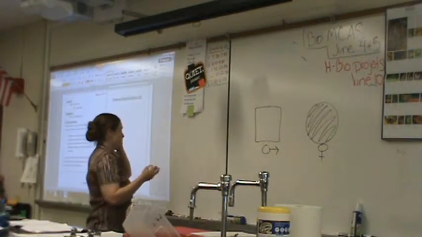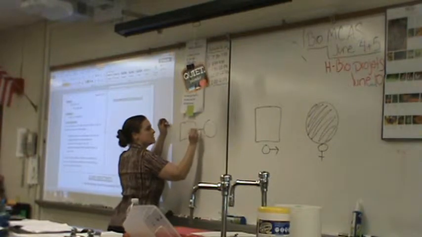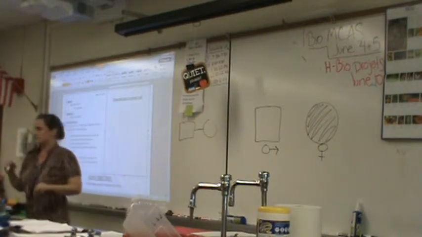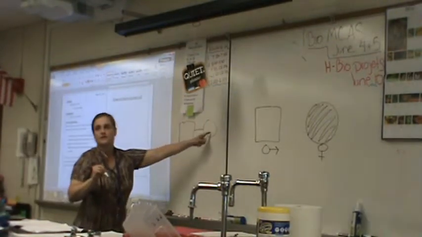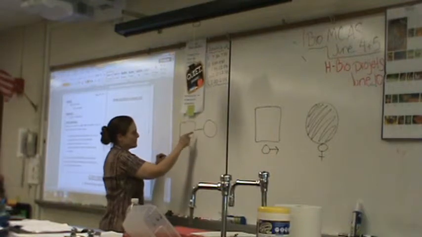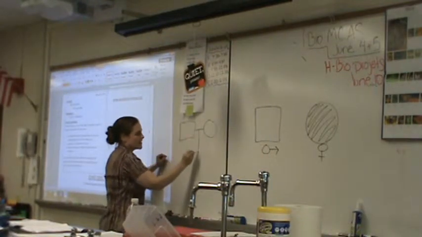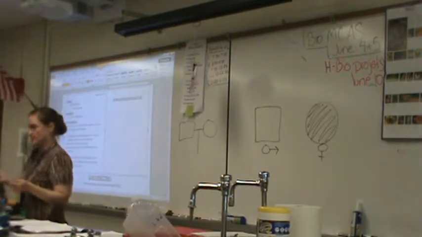Other things you want to know about a pedigree: when you see a horizontal line, that indicates mating. Mom and dad. I know you don't want to think about that too much, but tough. Mating. The vertical lines represent the offspring.